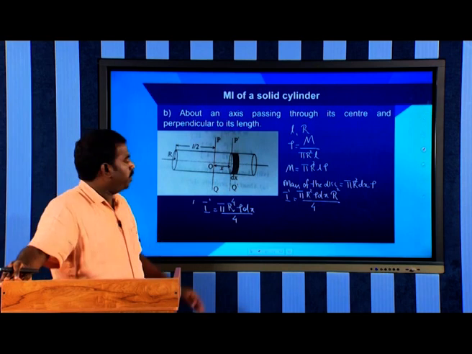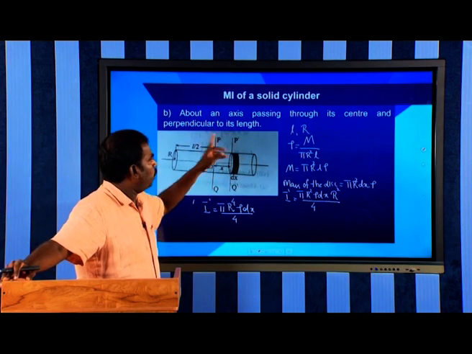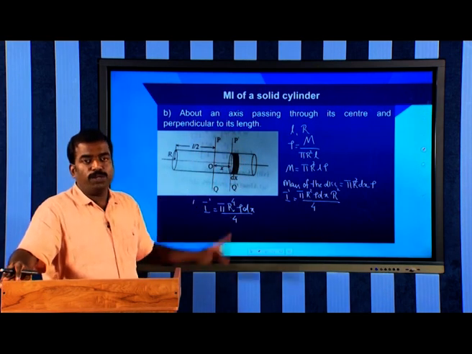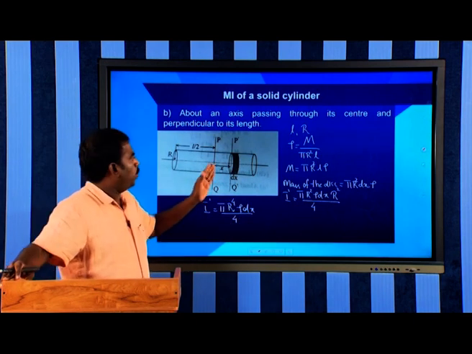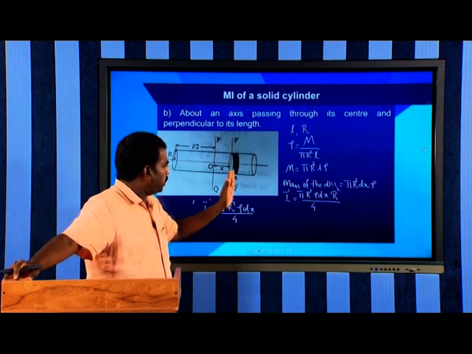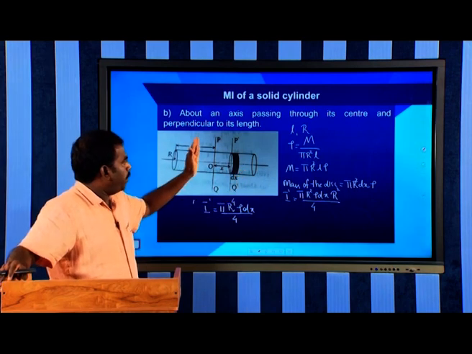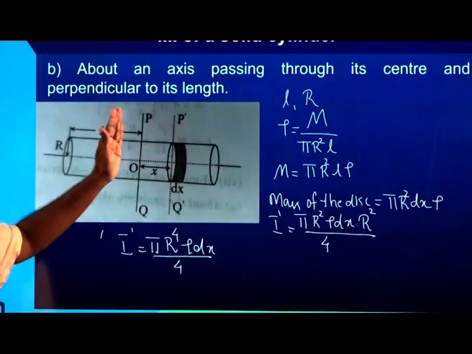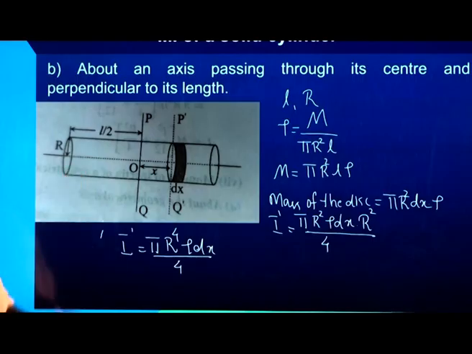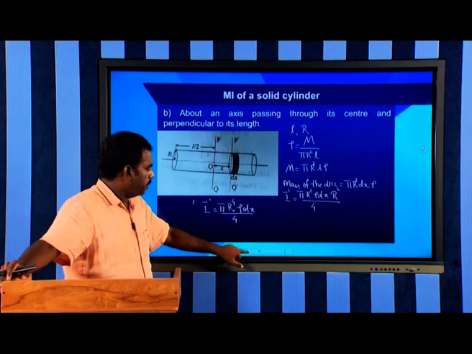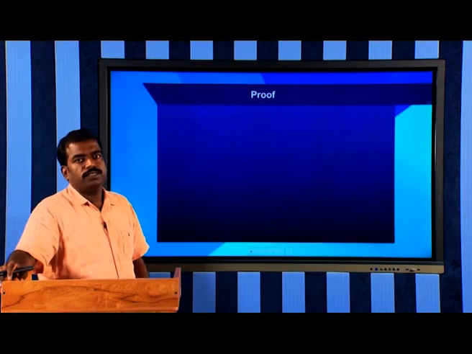We need to find out the moment of inertia of the disk about pq. We can use the parallel axis theorem because we know the moment of inertia of the disk which passes through the center of mass. Now, we need to find the moment of inertia of the disk about pq, which is at a distance of x. For that, we can use what?